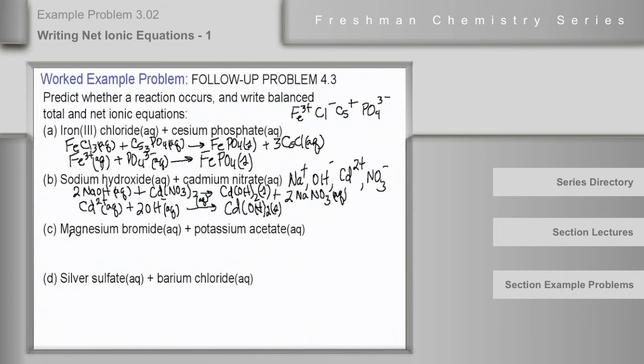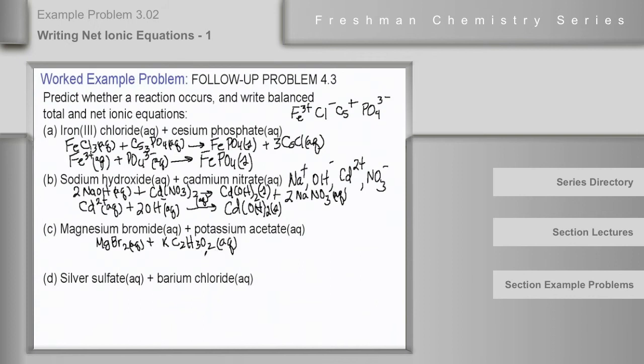Number C is magnesium bromide plus potassium acetate. Magnesium bromide is MgBr2 aqueous plus potassium acetate. This is KC2H3O2 aqueous.